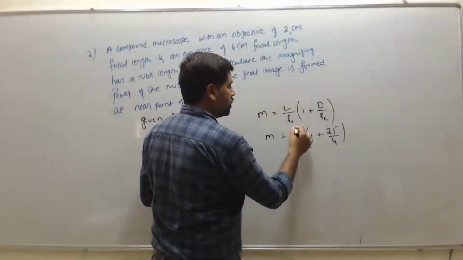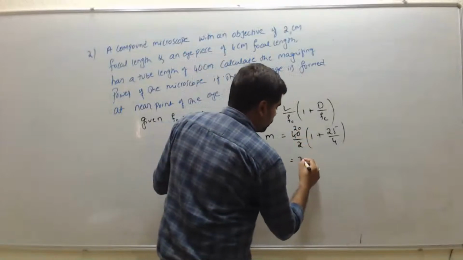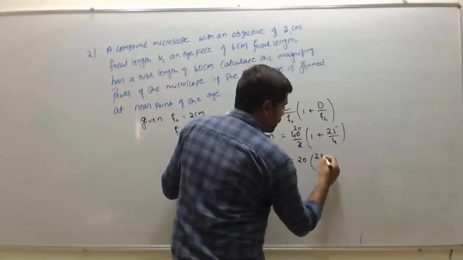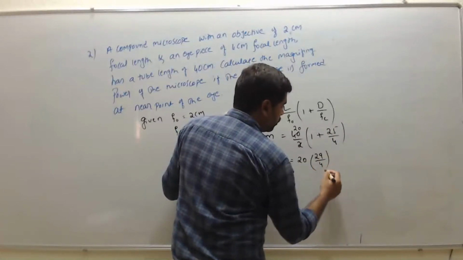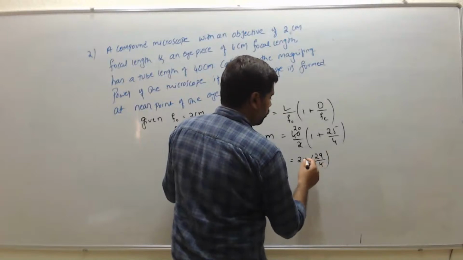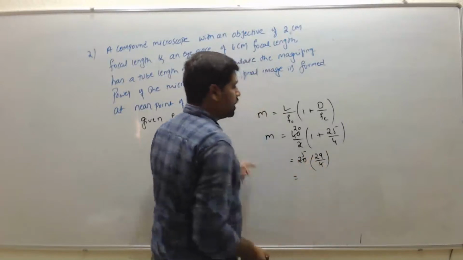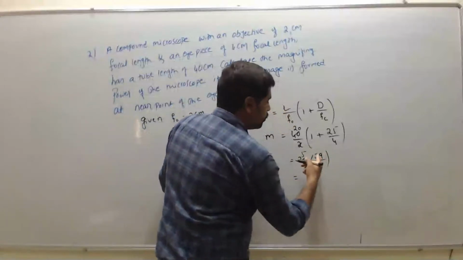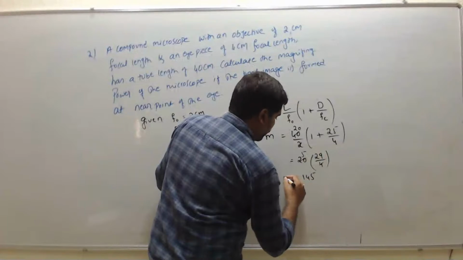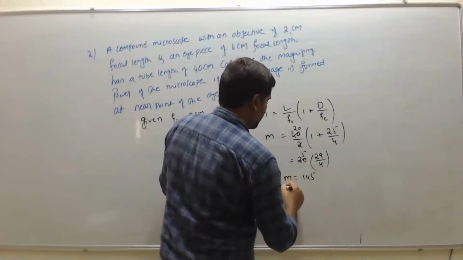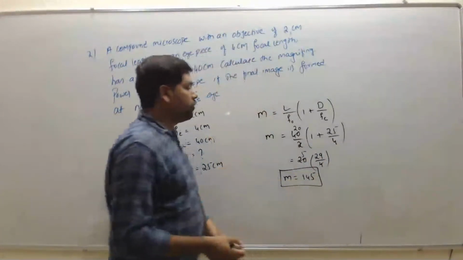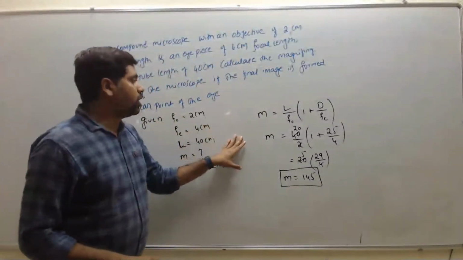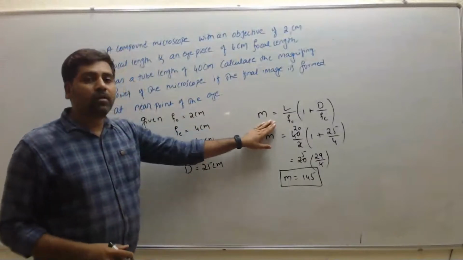So 2 twenties are 20 into, if I take the LCM, 4 plus 25, that is 29 by 4. 4 ones are 4, and 5 into 29, 5 nines are 45, 5 twos are 10 plus 4, 145. So the magnifying power M is equal to 145. It's a simple problem, but we have to know the formula.